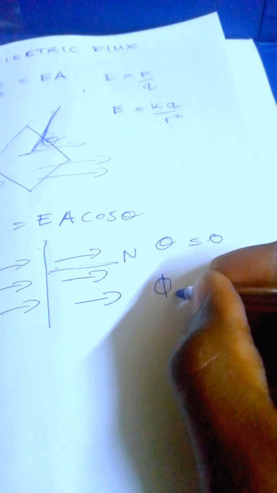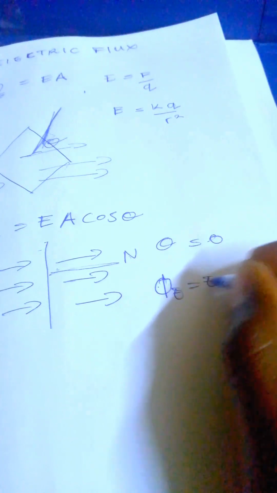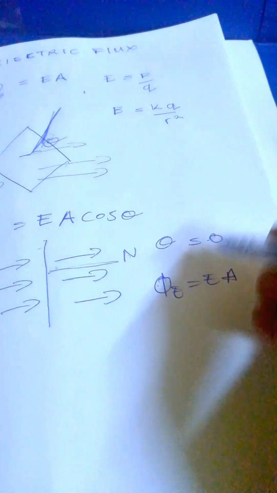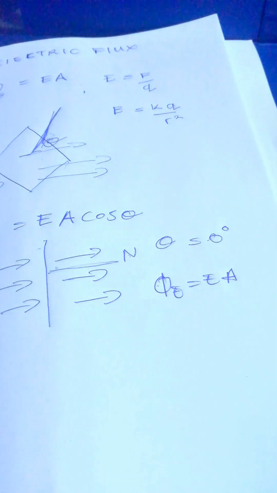So we are going to have the electric flux as EA when theta is equal to 0.